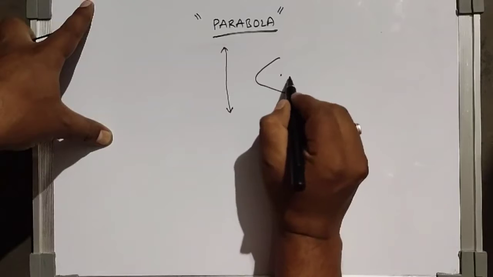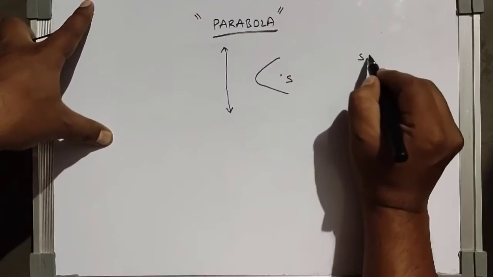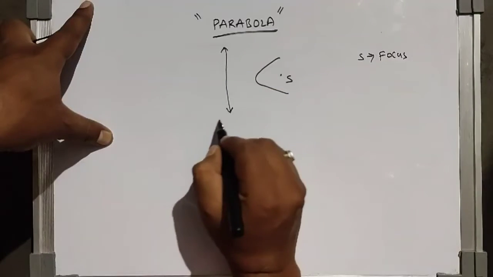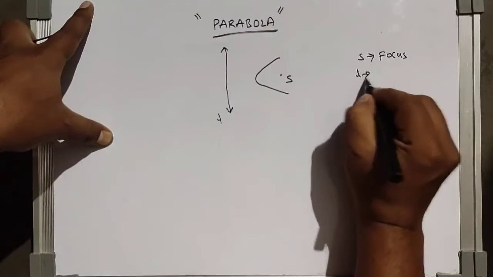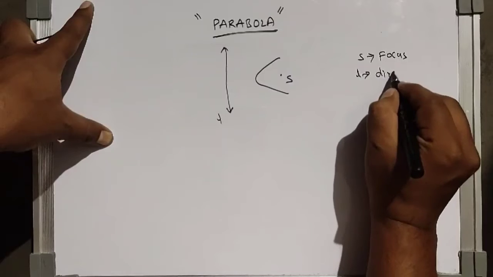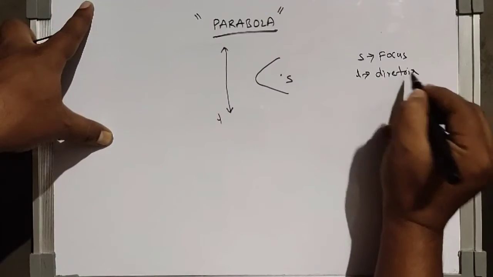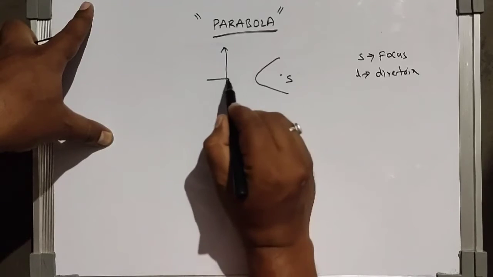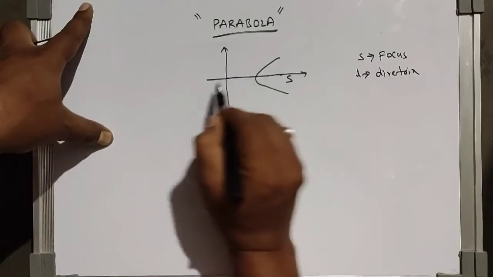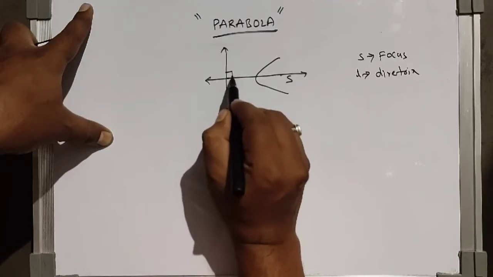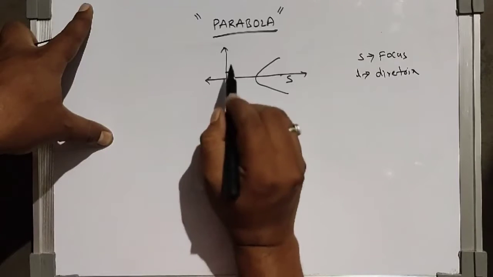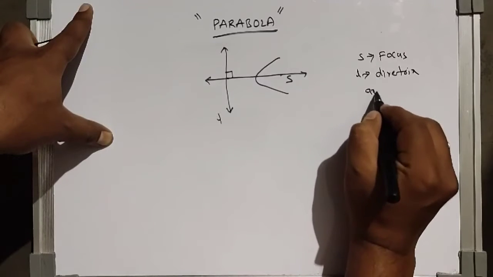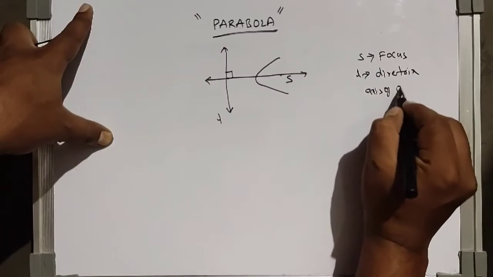So the fixed point is called the focus and the fixed line is called the directrix, and the line passing through the focus and making a 90 degree angle, that is perpendicular to the directrix, is called the axis of parabola.